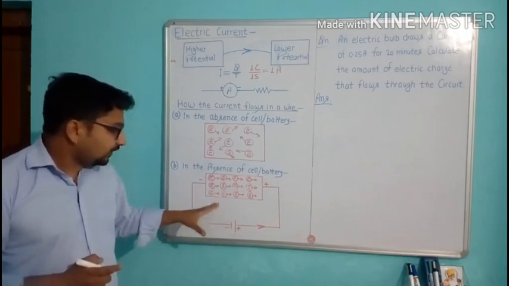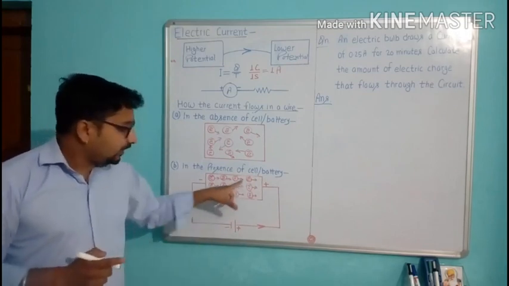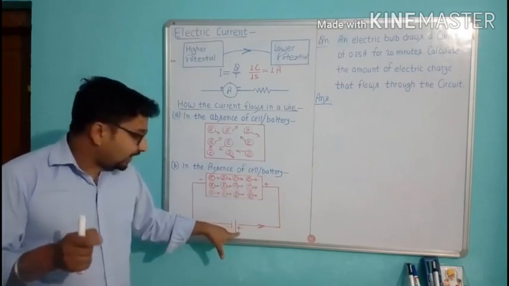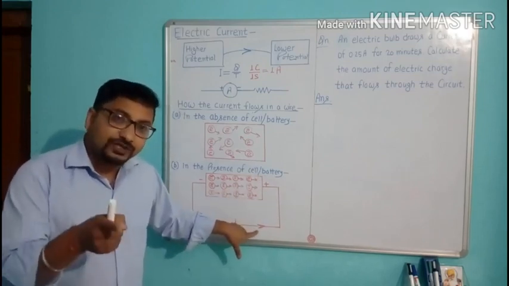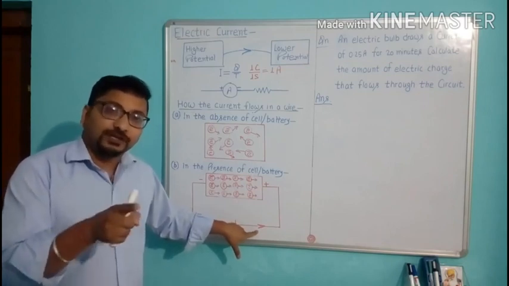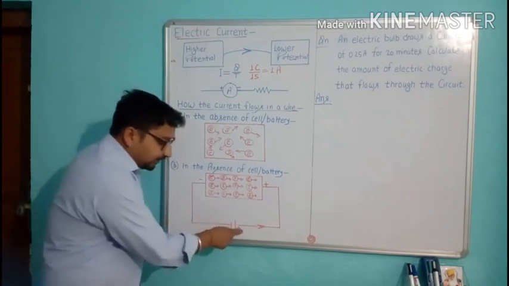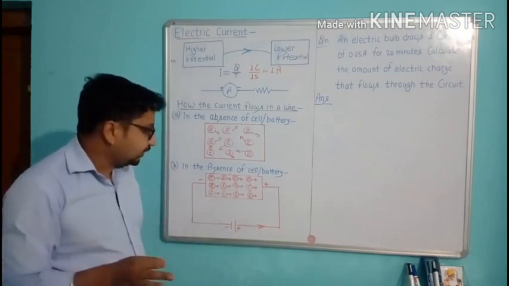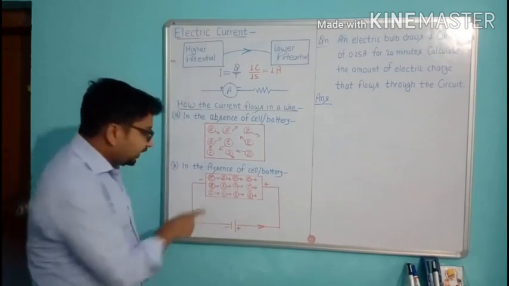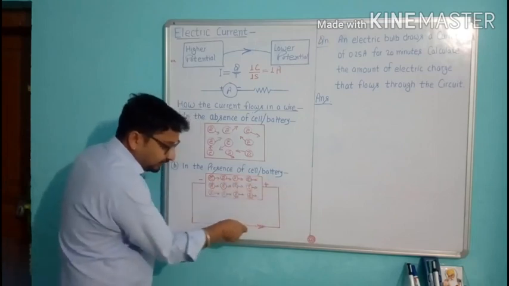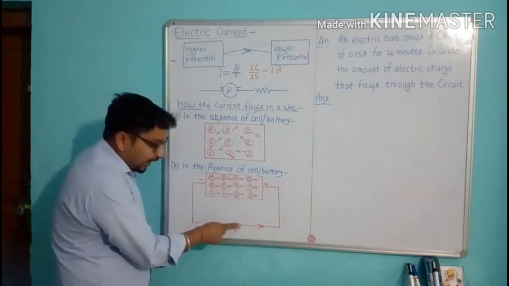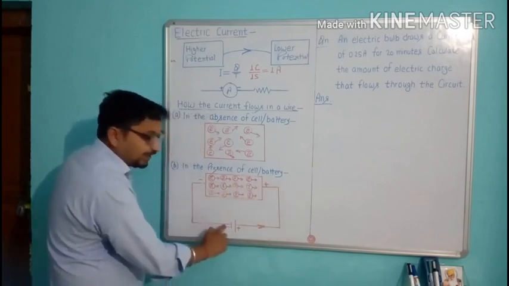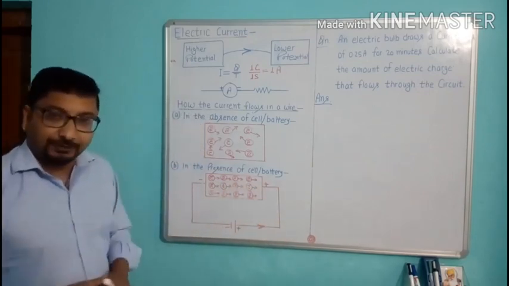That means the current will flow opposite to the direction of flowing electrons. Electrons move towards the positive terminal, and current flows from the positive to the negative terminal.